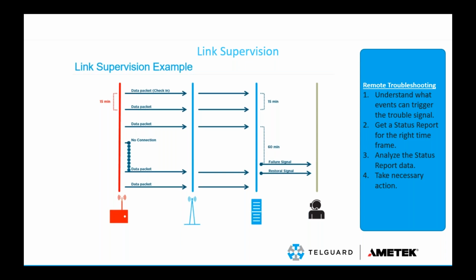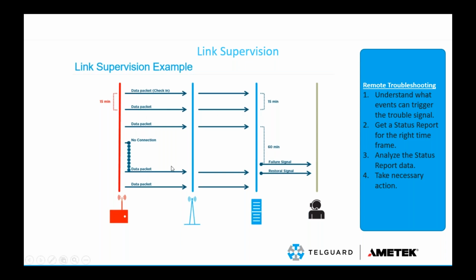Our unit will send a data packet through the cell network to our TCC. It leaves here, hits the network, hits our TCC. We acknowledge the response and we're good for 15 minutes. Then 15 minutes later, the unit will do the same.